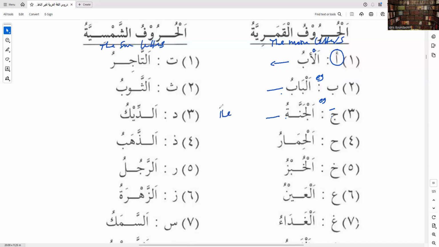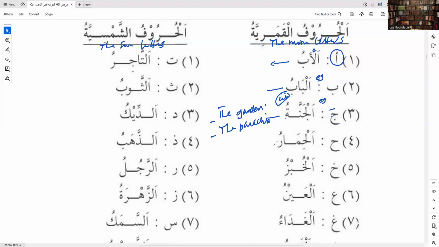Al-jannatu means the garden, and it can also mean the paradise. Literally, al-jannah means the garden. But in Islam, when we say Jannah, we're talking about paradise, which is the same. It's a beautiful place. May Allah grant us Jannah.